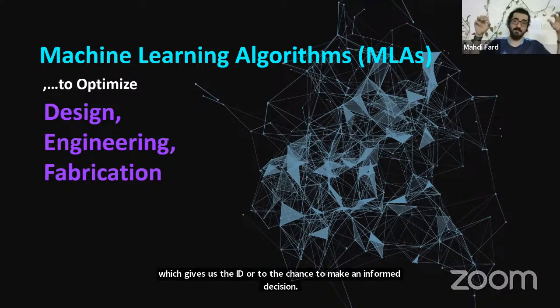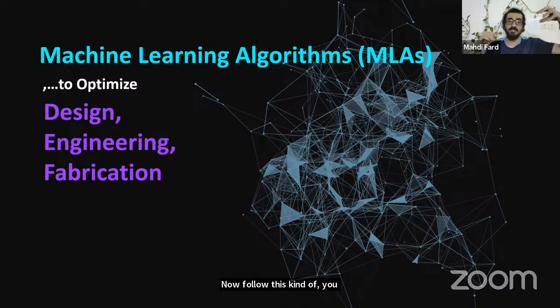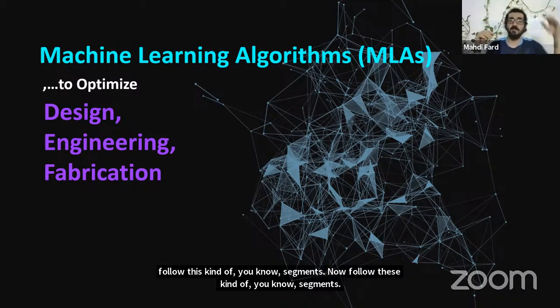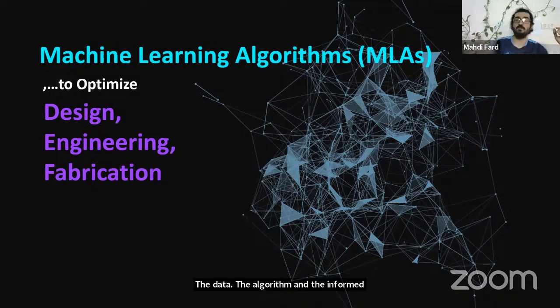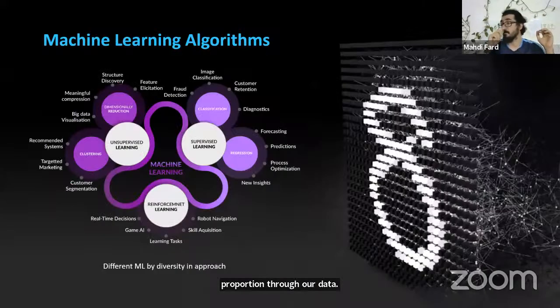Follow these segments: the data, the algorithm, and the informed decision. All of them are based on those connections and proportions through our data. So let's dive in and check out what a machine learning algorithm is and what it suggests to us.